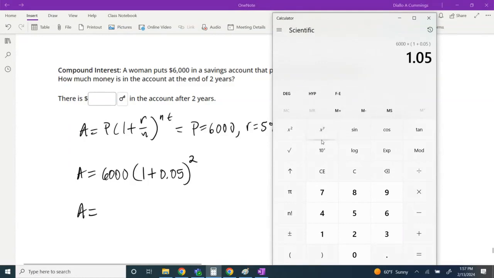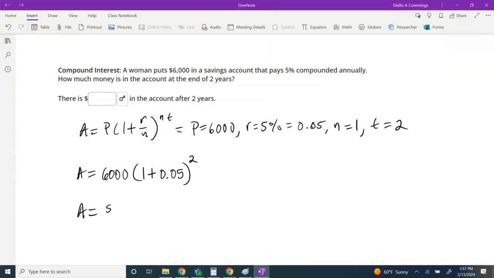So I'm just using a basic calculator on the computer, and this x to the y, that's my exponent key. Notice it pops up what's called a caret. I'm going to raise that to the second power, and if I hit enter, I get $6,615.